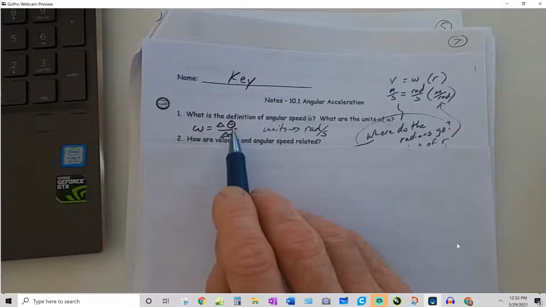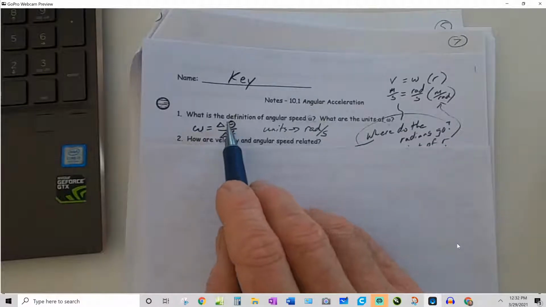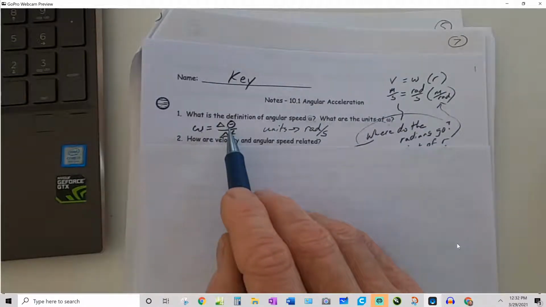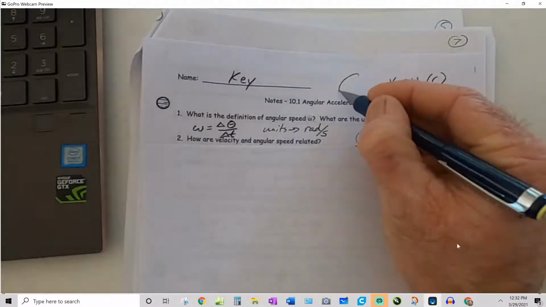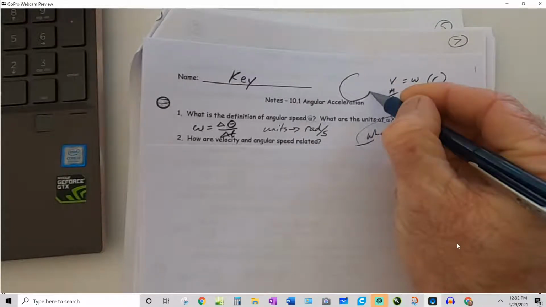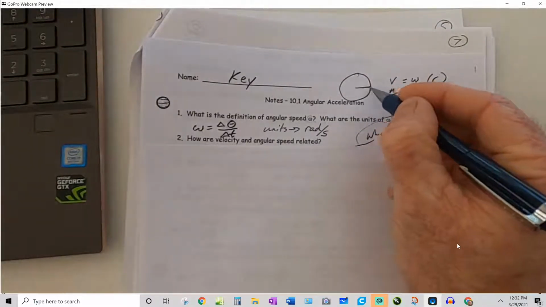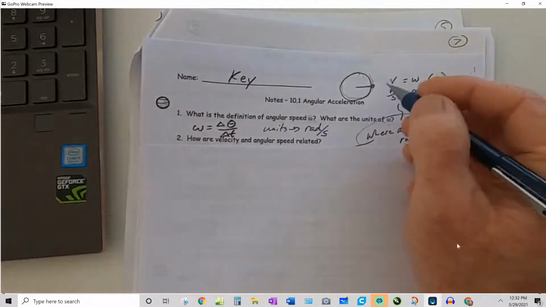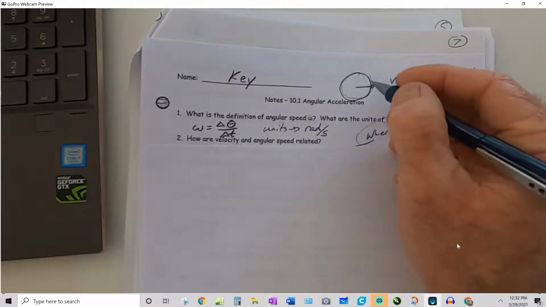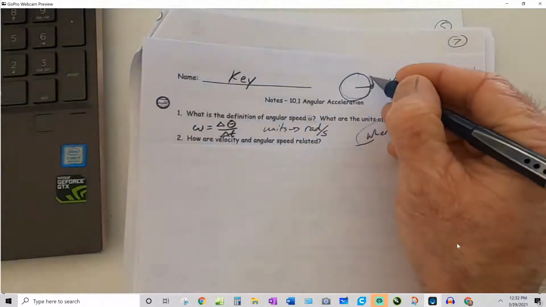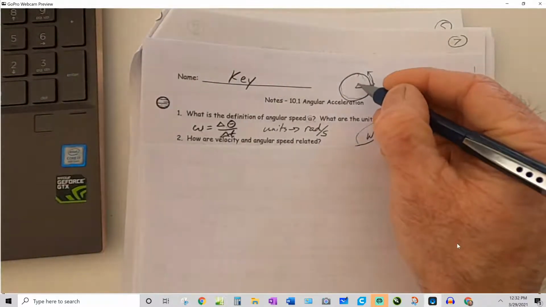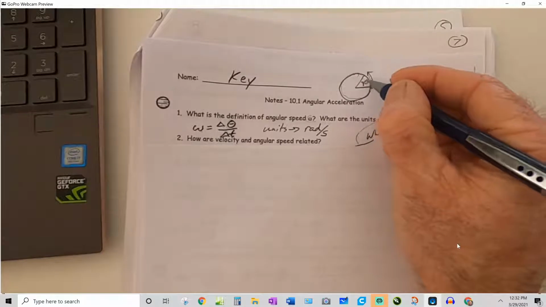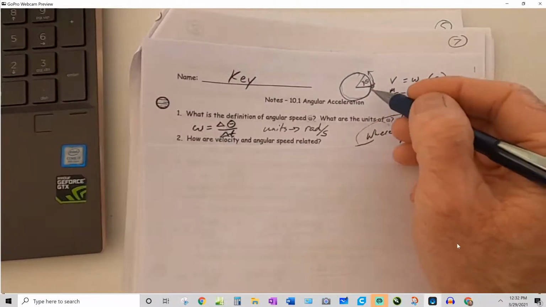Sometimes I wonder whether to really call this the change in the angle. I get hung up on that sometimes. So if we have this circular object that's right here, and it spins, the whole thing rotates to right there, then it's rotated through that angle.